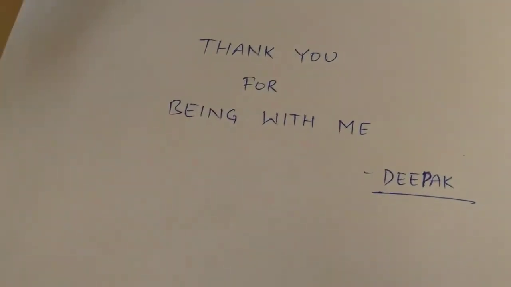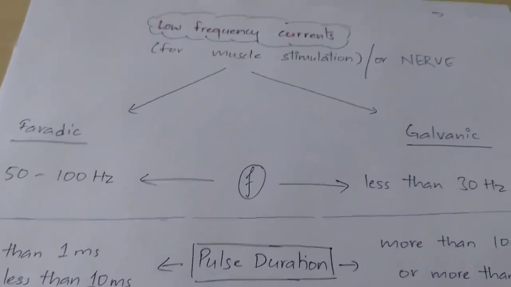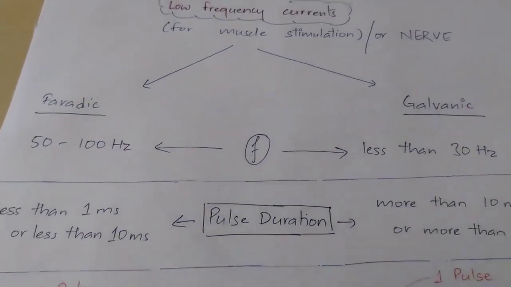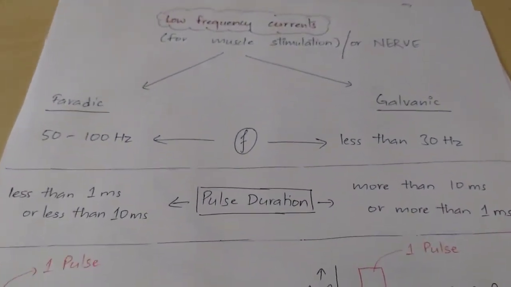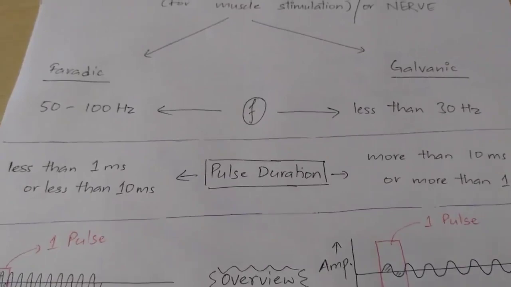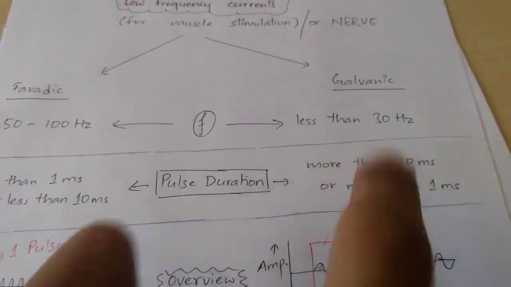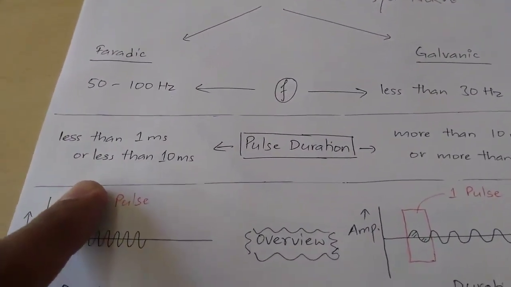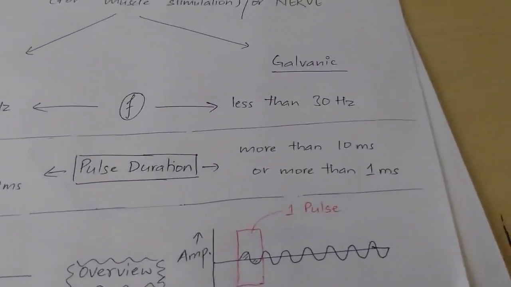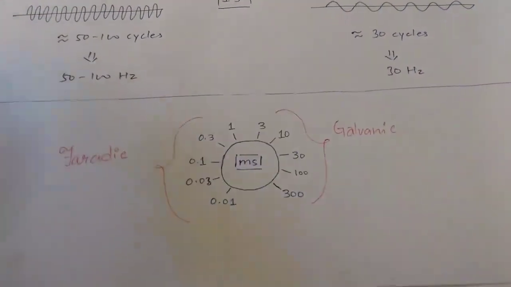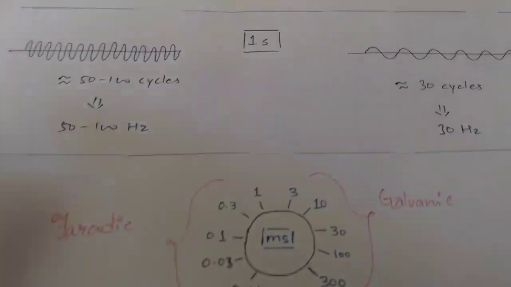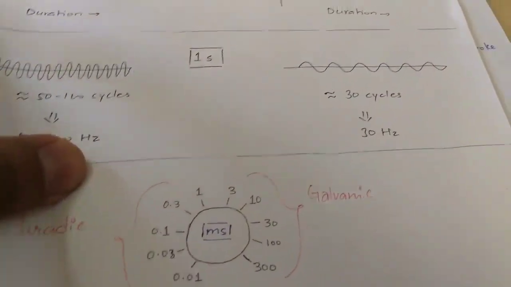We'll have a quick revision. We dealt with the lower frequency currents, the differences between Faradic and galvanic, the frequency range, pulse duration 50 to 100 for Faradic and less than 30 for this one, pulse duration less than 1 millisecond, and the frequency or the duration knob in our electrical stimulator.